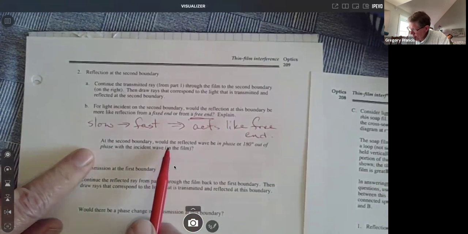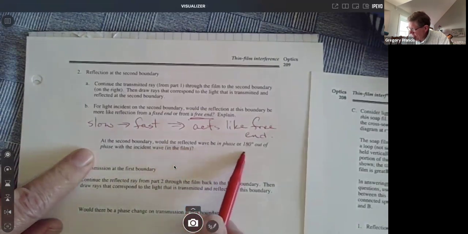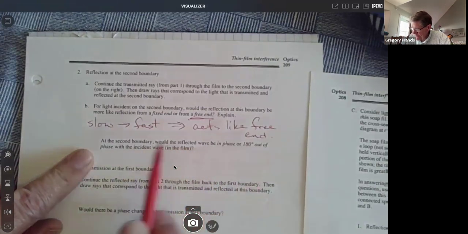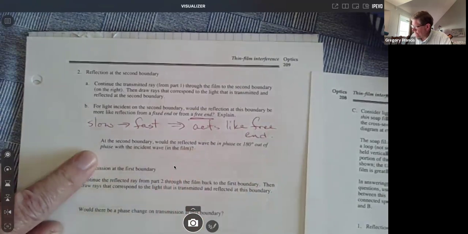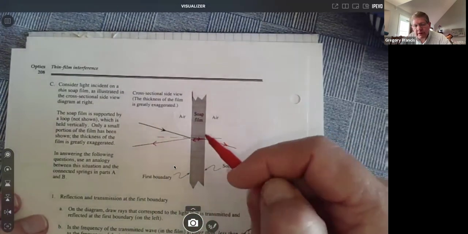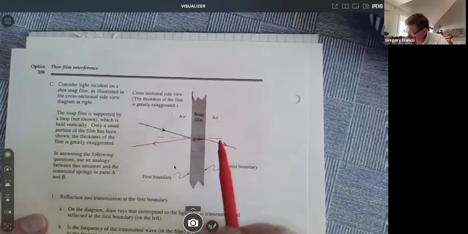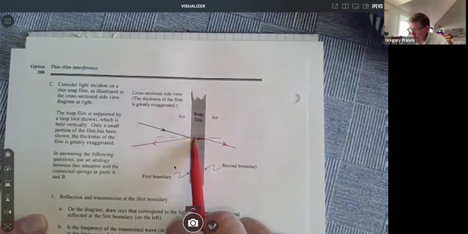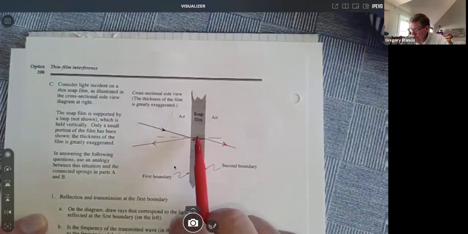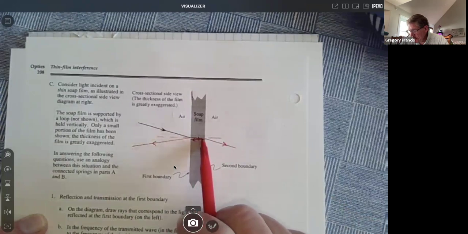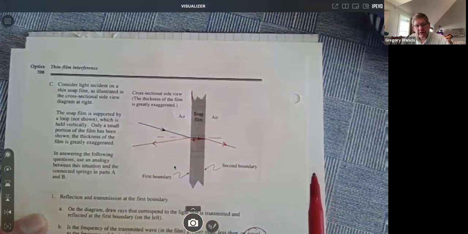At the second boundary, would the reflected wave be in phase or 180 degrees out of phase with the incident wave in the film? So we're talking about this wave in the film that bounced off of the second surface versus this wave in the film that hit the second surface.